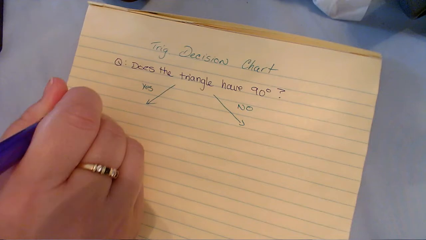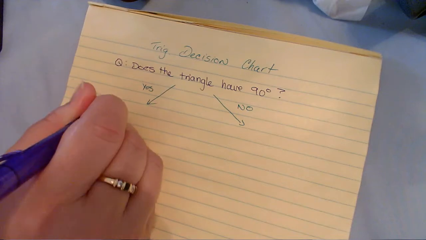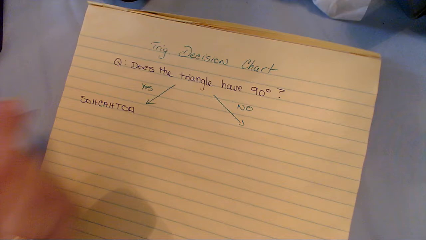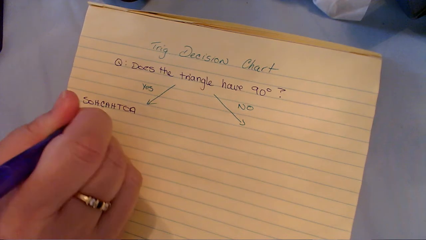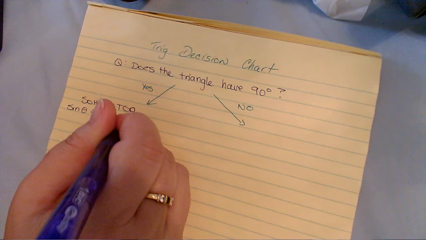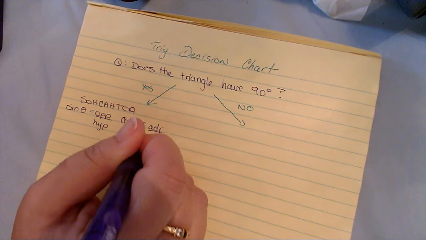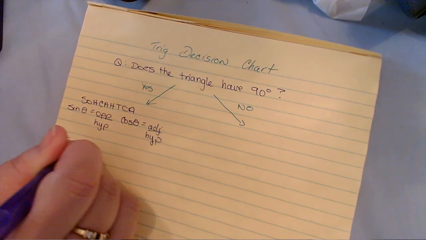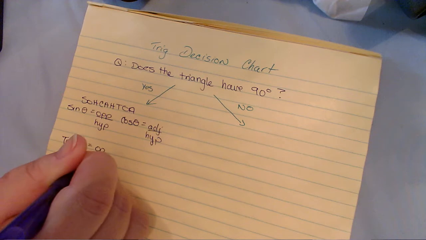If it's a yes answer, then what that means is that you're allowed to use SOHCAHTOA. And that's what you should use, because that's quick. So remember that sine theta is opposite over hypotenuse. Cos theta is adjacent over hypotenuse, and tan theta is opposite over adjacent.